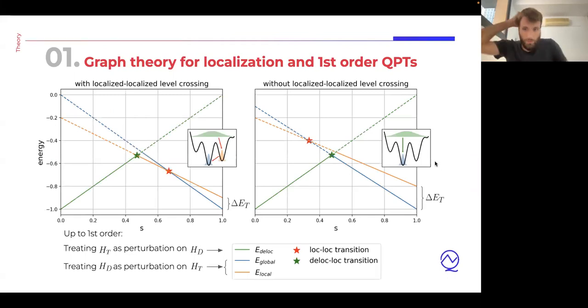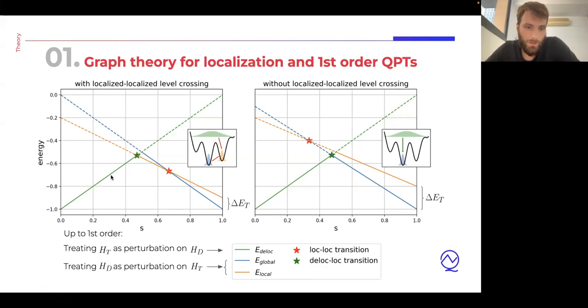So how do we reason about the occurrence or non-occurrence of these first order transitions? Well, we're going to apply perturbation theory two or three times. First, we treat the target Hamiltonian as a perturbation on the driver Hamiltonian. The driver Hamiltonian is the one at s equals 0, and we start perturbing its ground state energy by slowly tuning in the target.